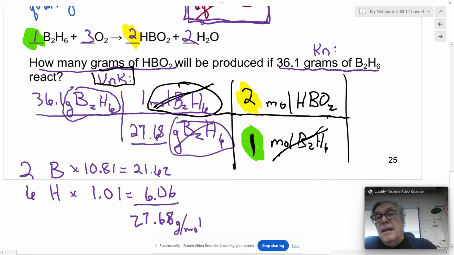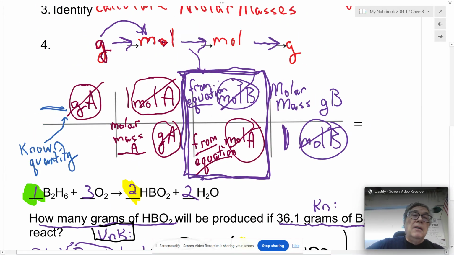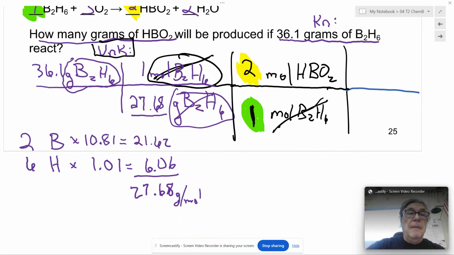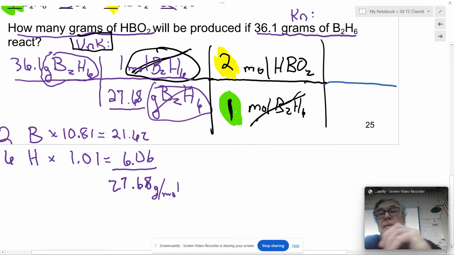So here's the last step. I just want to go back up to we've gone grams to moles of the first chemical, and now we've moved to moles of the second chemical, and now we're going to go to grams of the second chemical. So this unit is grams of the second chemical, HbO2.